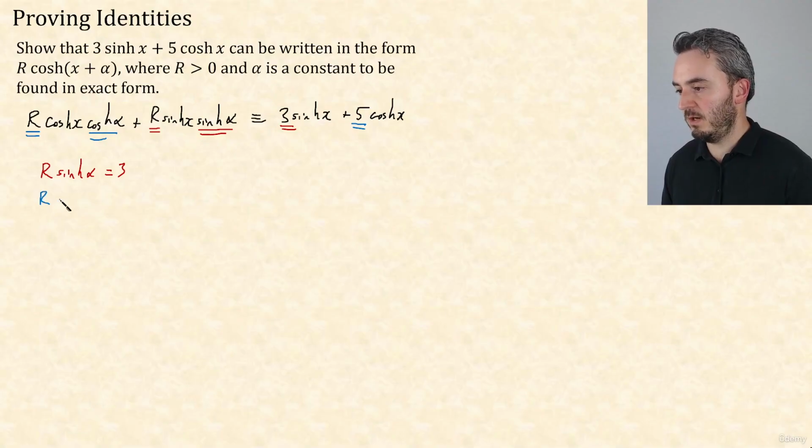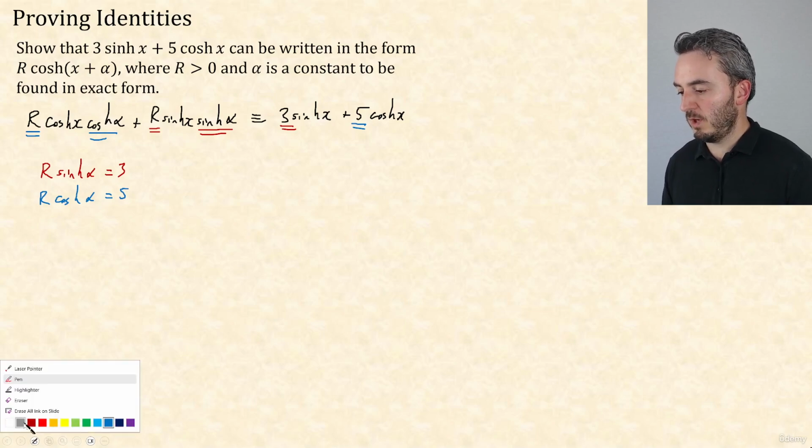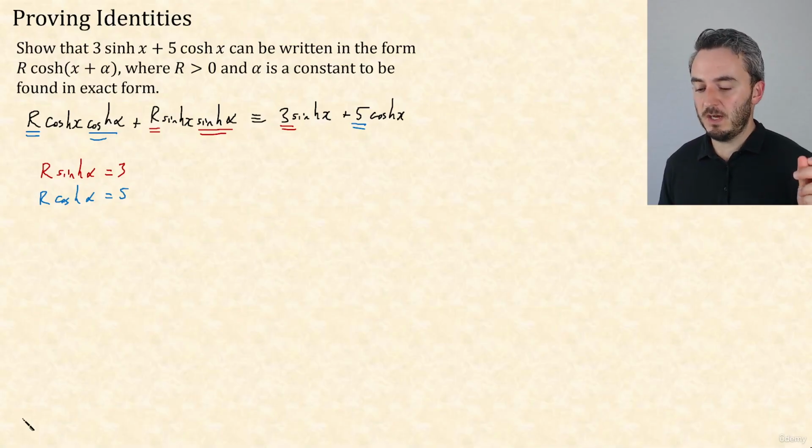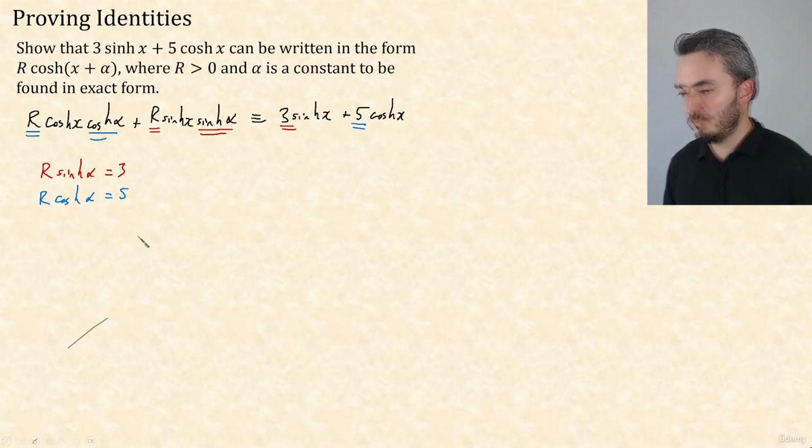So I know that R cosh alpha equals 5. Now recall from standard trig, at this stage you would divide, and that would give you tan of something equals something, and you do inverse tan. We'll do that here, but we'll get tanh. And then in normal trig, we rely on the fact that sin squared x plus cos squared x is 1, and so we can do a bit of Pythagoras to find R. We need to be more careful here, but let's start with that one.